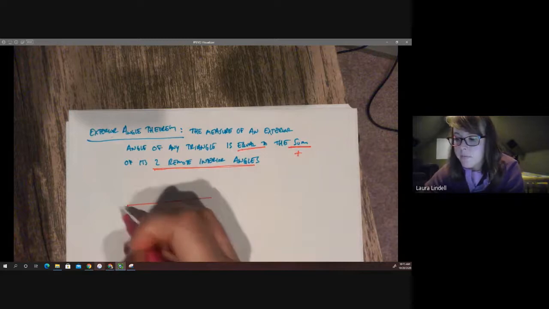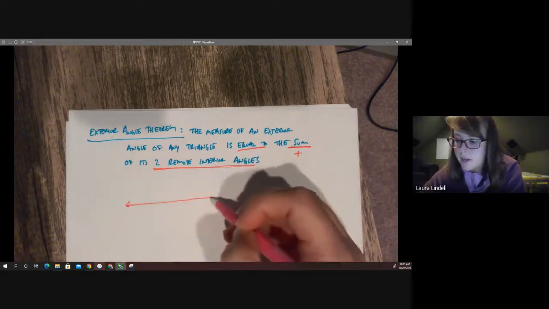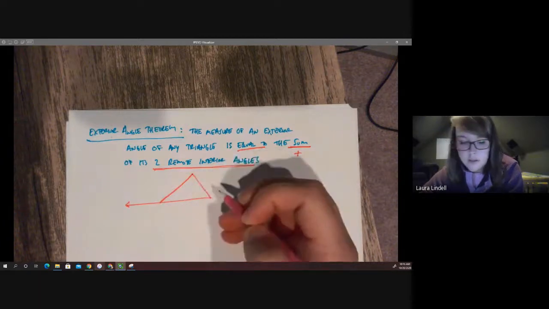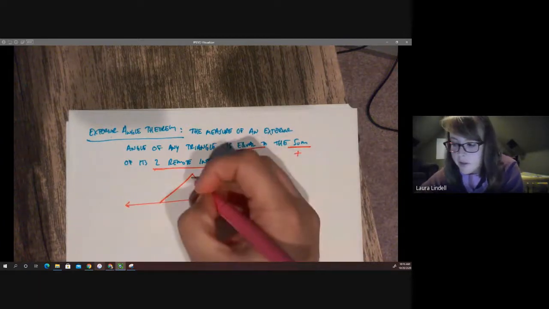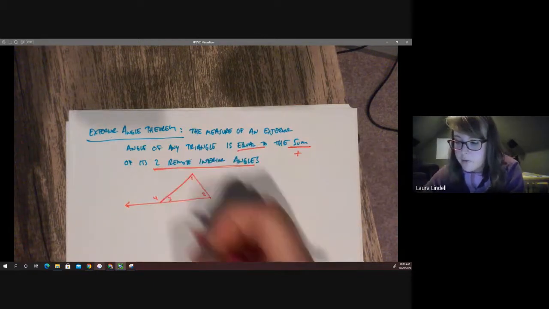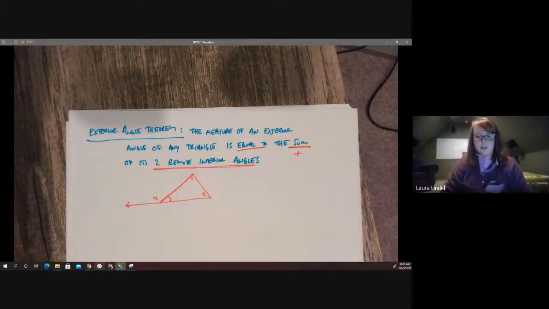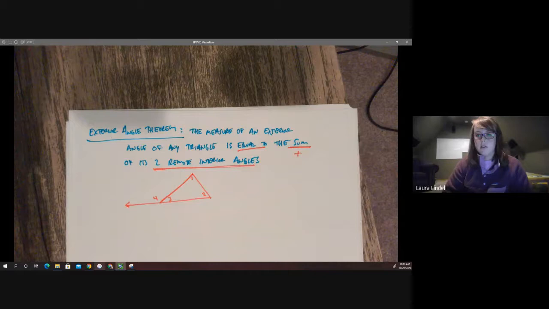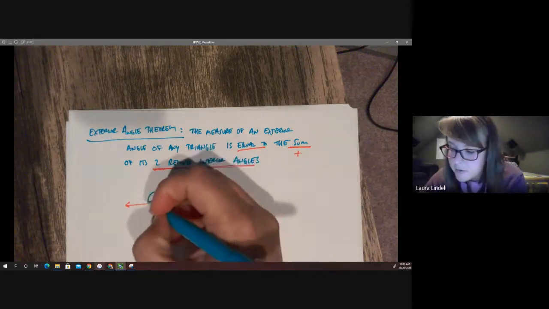So here we go. If I have a picture like this, and I'm going to call this angle 1, angle 2, angle 3, and angle 4. Okay. Angle 4 is an exterior angle.